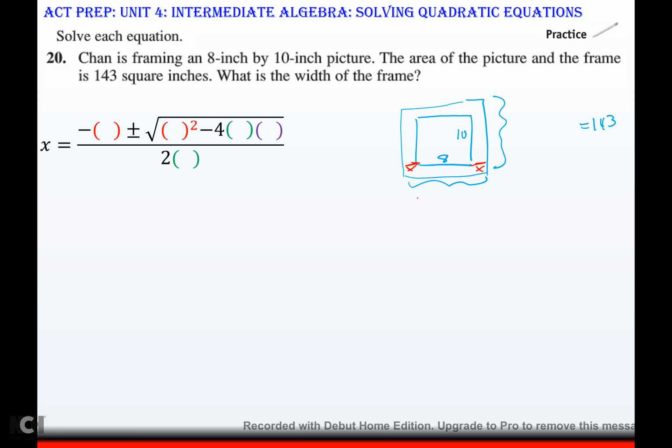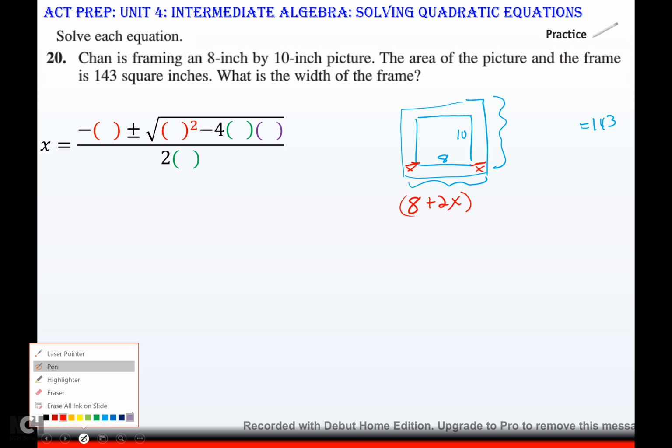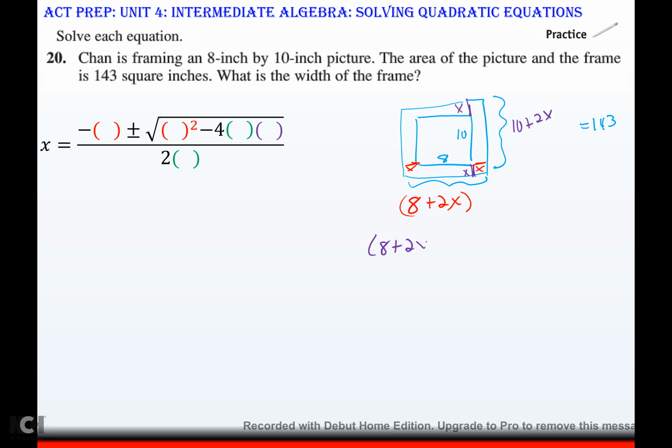That makes this distance not just 8 anymore, but 8 plus 2x. Likewise, on the width, this isn't 10 anymore. They added on x here, and x here, so this length is now 10 plus 2x. So my area equation is 8 plus 2x times 10 plus 2x has to equal 143.